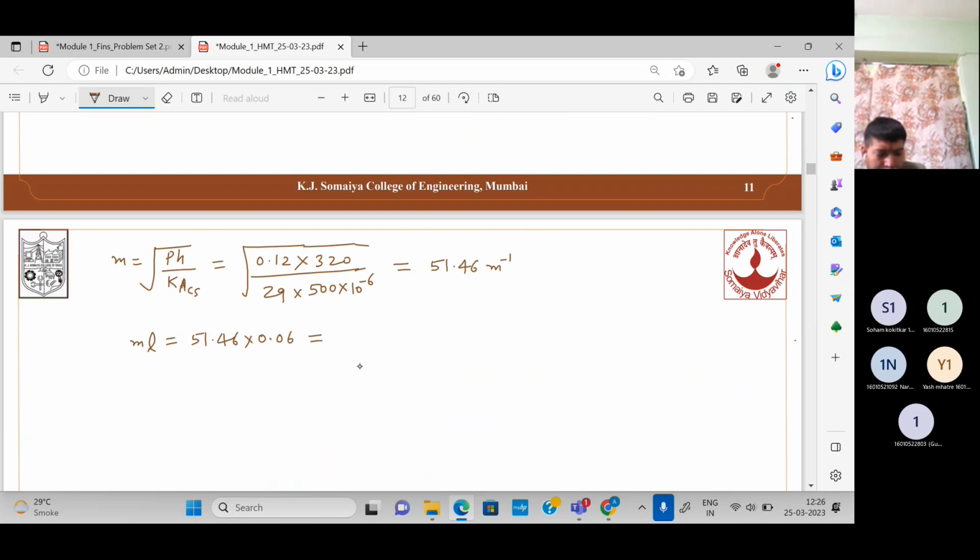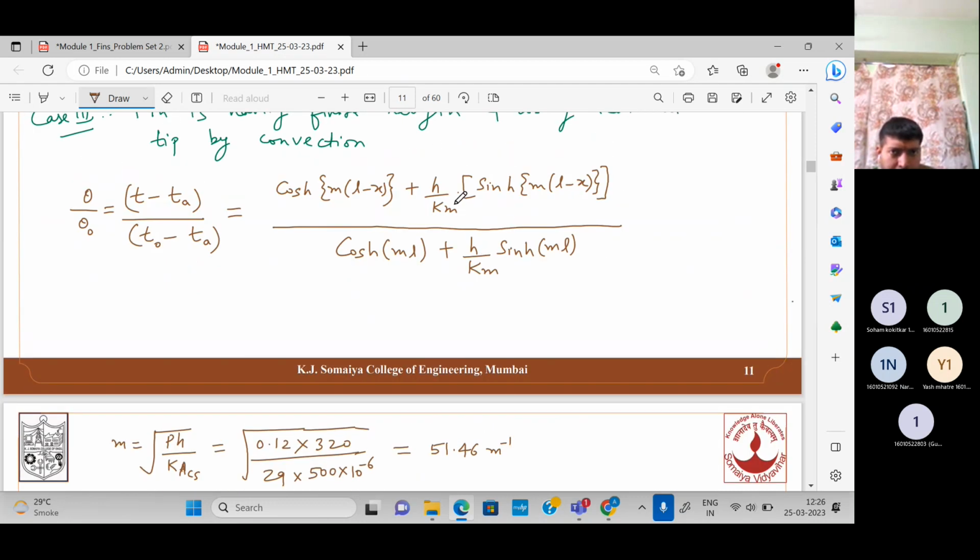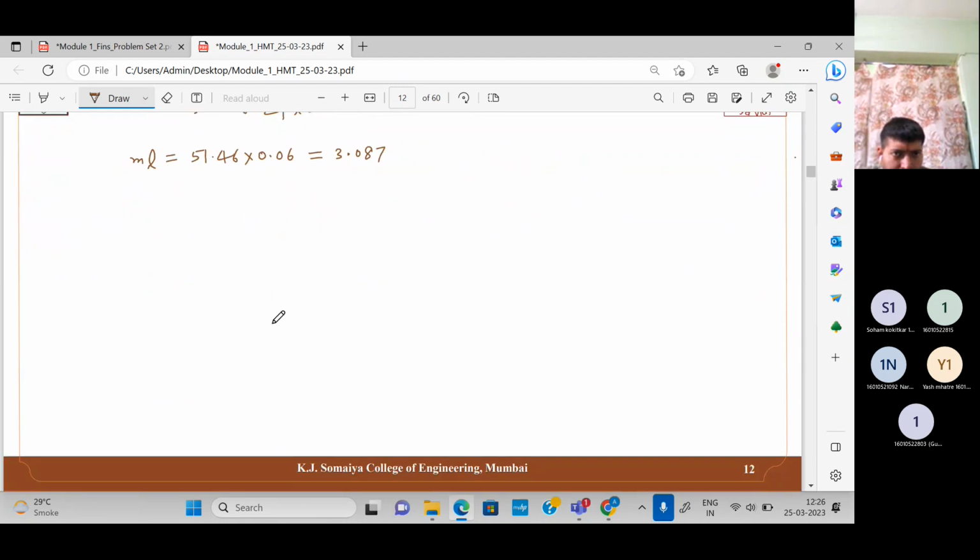So it is equal to 3.087. Okay, 3.087. Now to simplify, we will also calculate the h by km factor. Then we'll put all the values in this expression, so things will be more clear and simple for making the calculation. We'll calculate h by km.